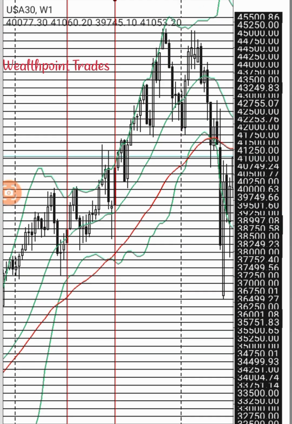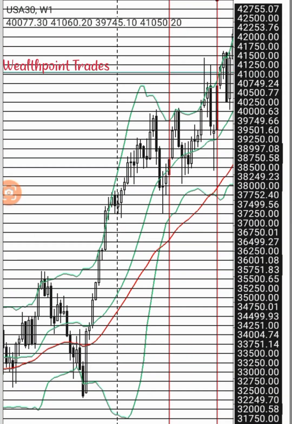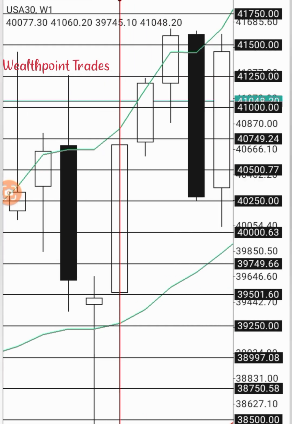Let me just quickly show you so that we know we are all on the same page. Okay, here the weekly is still above the weekly middle BB, which is the number one prerequisite of confirmation for this strategy.